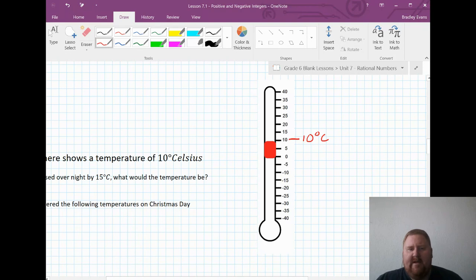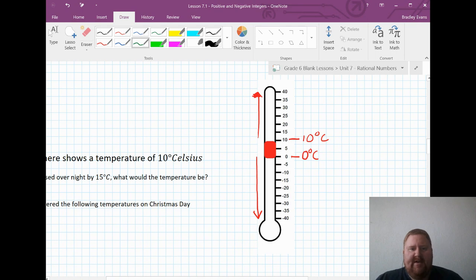Well, to do that, we can think of the thermometer as a number line. Our number line is going vertically. Our temperature gets warmer as the thermometer goes up, and our temperature gets colder if our temperature goes down, and here is 0 degrees. So what does this mean in terms of our example?